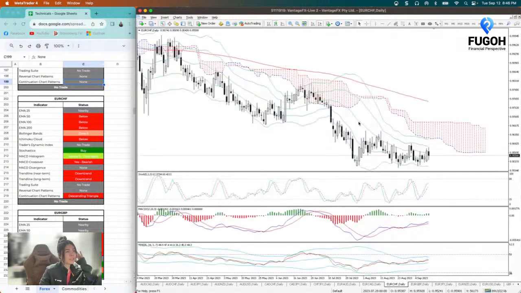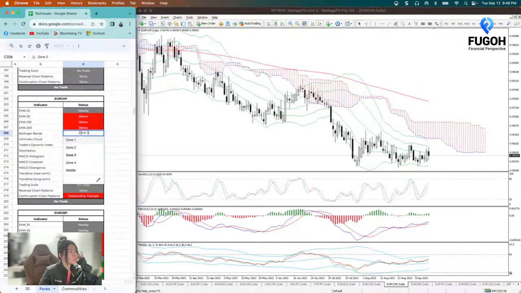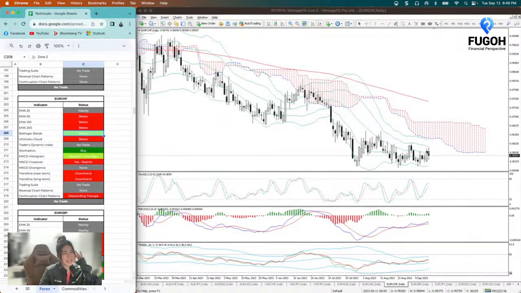And then for the Bollinger Band, the price is in zone 2. Yesterday's candlestick closed in zone 2, but right now the price is in zone 3. Either way, we follow the previous candlestick because this can still change. Ichimoku cloud is below. TDI is below 50. Right, no.